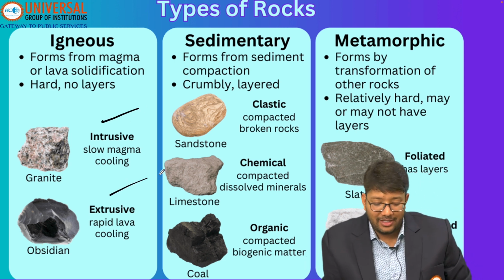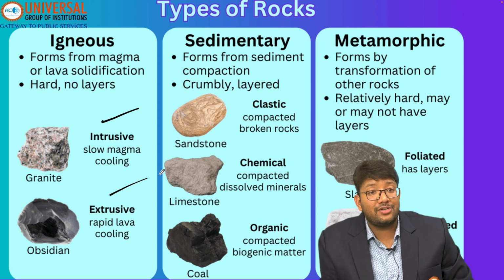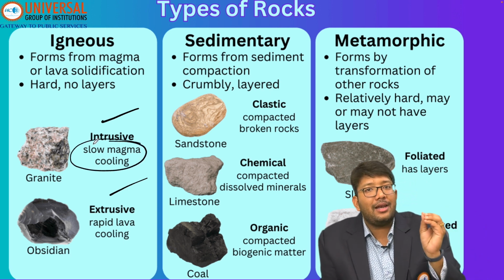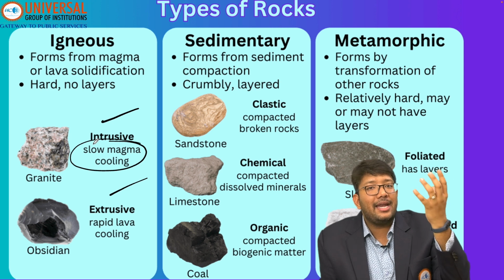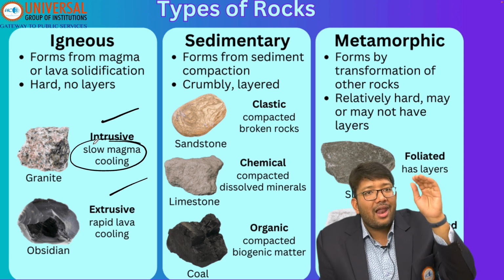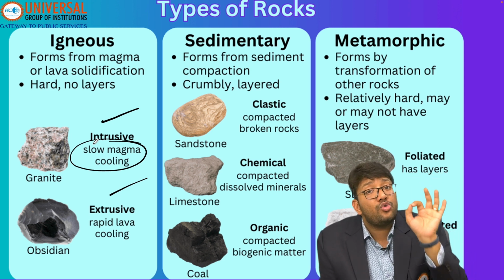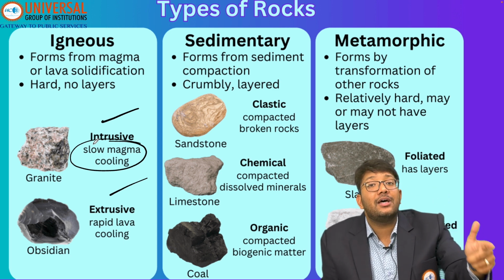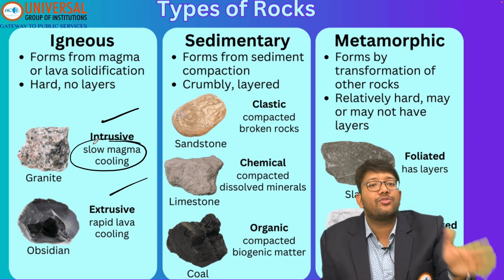There are two types of igneous rocks: intrusive and extrusive. Intrusive means slow magma cooling. When the magma comes out of the surface and becomes lava, that lava cooling very slowly is called intrusive. The rocks formed by slow magma cooling are called intrusive.